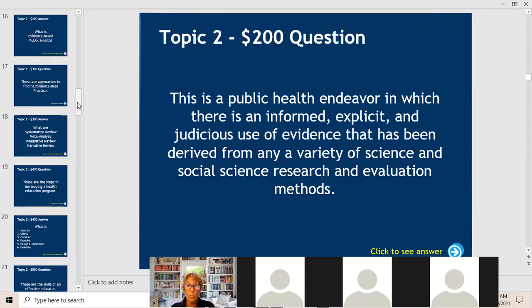This is kind of a wordy one. When you hear the answer, you're just going to kind of go, ugh. But there is one word in here that's key. What is evidence-based or best practice? Yes, exactly.